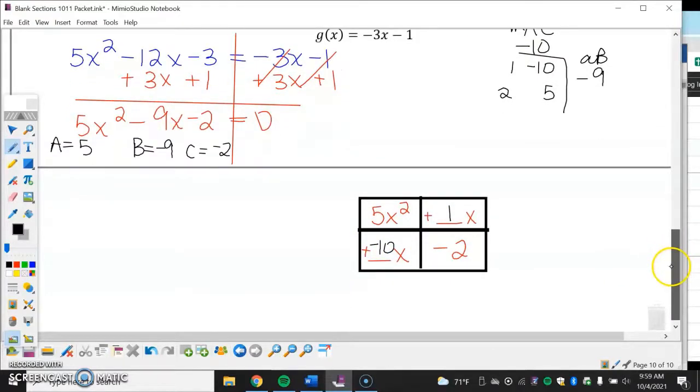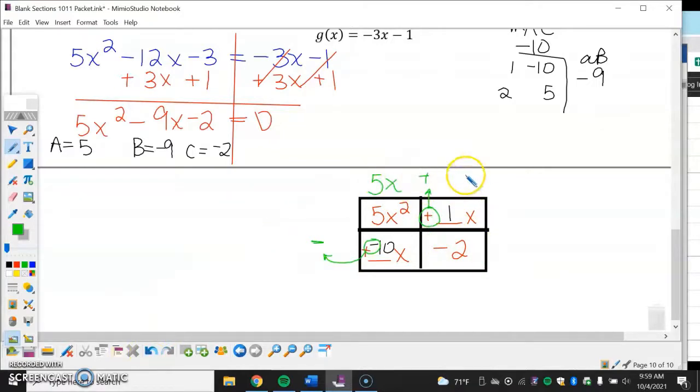Almost done. Next thing I need to do is pull the factors out of the box here. Remember, this sign is going to be in the middle of my factors, and so is this sign. Okay, the greatest common factor between 5x squared and 10x, what would the greatest common factor be between those? I could pull out a 5x, okay, right here between 1x and negative 2.